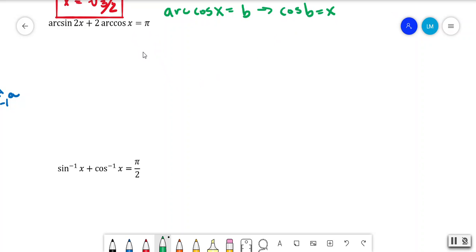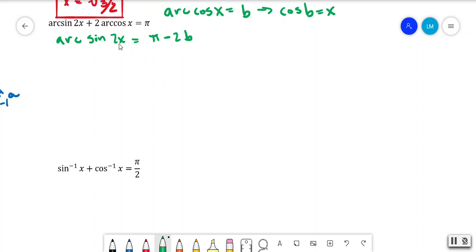Okay, now if that's the case, we have arc sine 2x equals pi minus 2b.